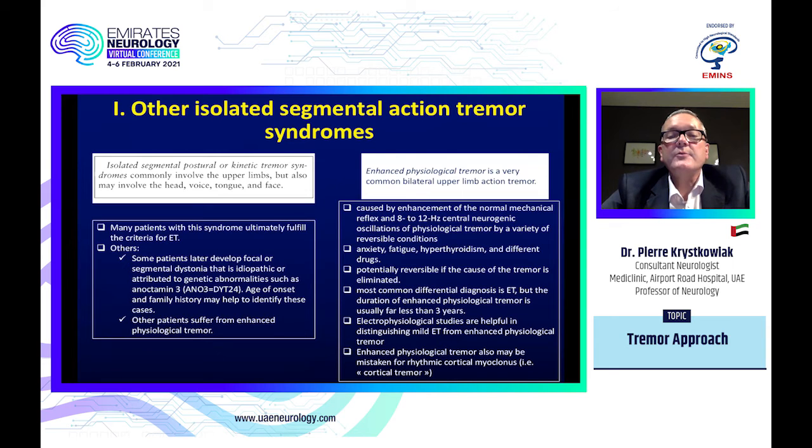And what is important is that it's potentially reversible if the cause of the tremor is eliminated. And this is a very frequent, common differential diagnosis with essential tremor, but the duration of enhanced physiological tremor is usually far less than 3 years. And electrophysiological studies are helpful in distinguishing mild essential tremor from enhanced physiological tremor.